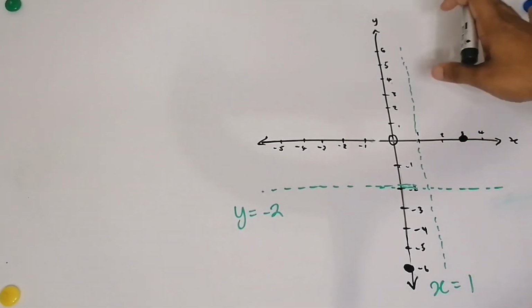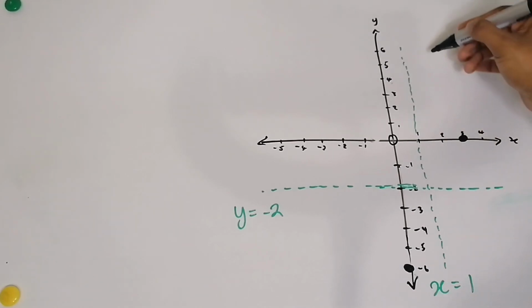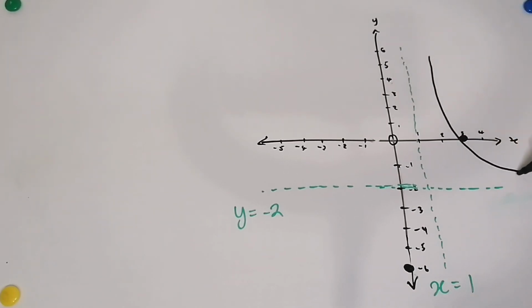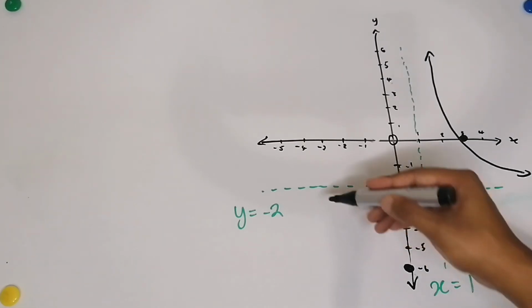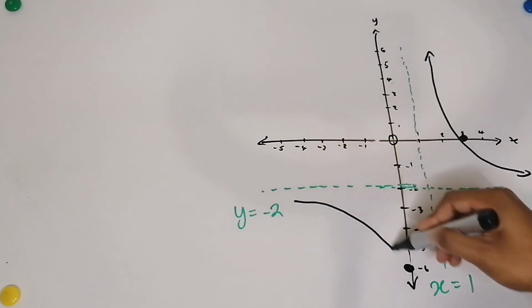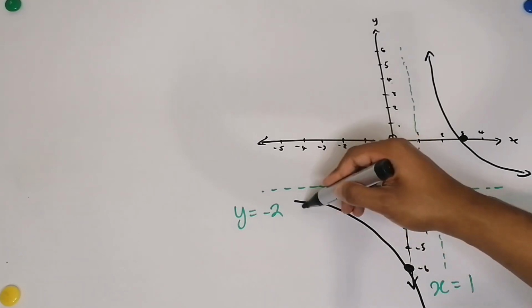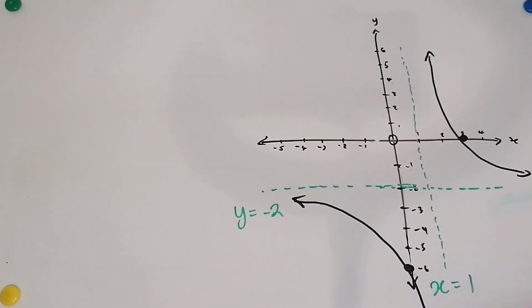One part of the curve will be in the first quadrant, like that, and the other part will be in the third quadrant, pardon me, like that. Okay, and that's it, guys. That's how you draw a hyperbola.